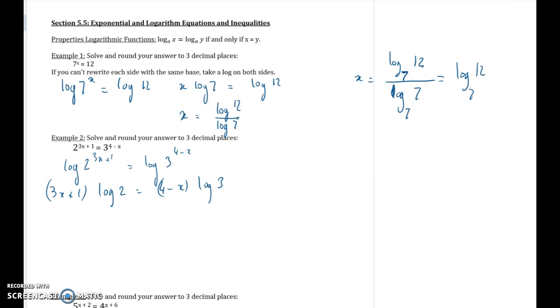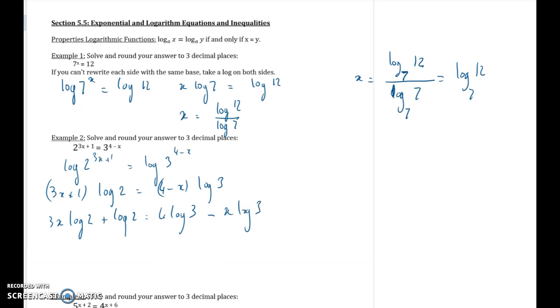I'm distributing: 3x log 2 plus log base 10 of 2 equals 4 log base 10 of 3 minus x log base 10 of 3.